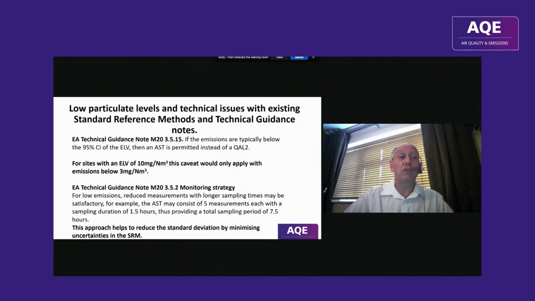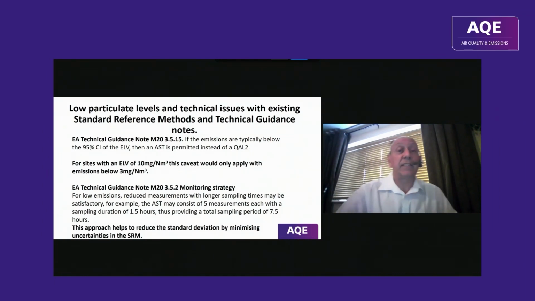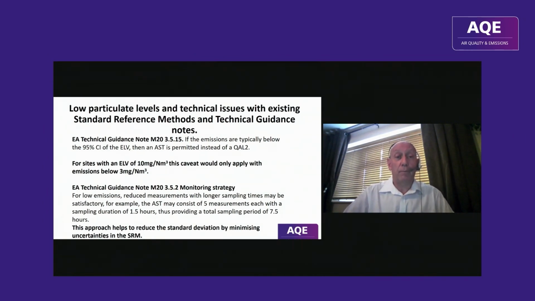So to put this into context, for sites with an ELV of 10 milligrams, this caveat would only apply with emissions below 3 milligrams. So taking this as set in stone, ultimately anyone with an emission limit value of 10, you have to perform or attempt QAL2 calibrations, unless your emissions are continually below 3 milligrams per meter cubed.